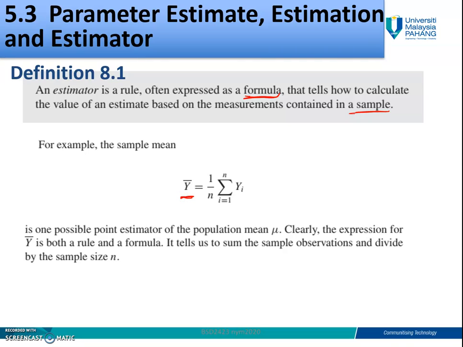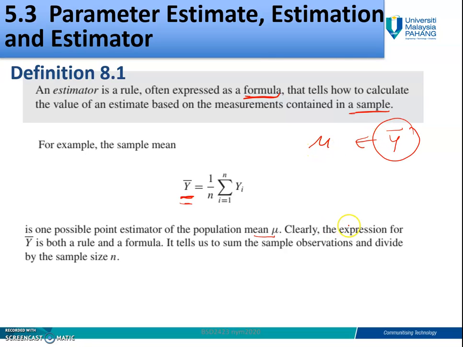You sum all the data and divide by how many data you have, right? So this is one possible point estimator of the population mean, because mu is the population mean and the sample mean is y bar. So this y bar is considered a point estimator for the population mean.